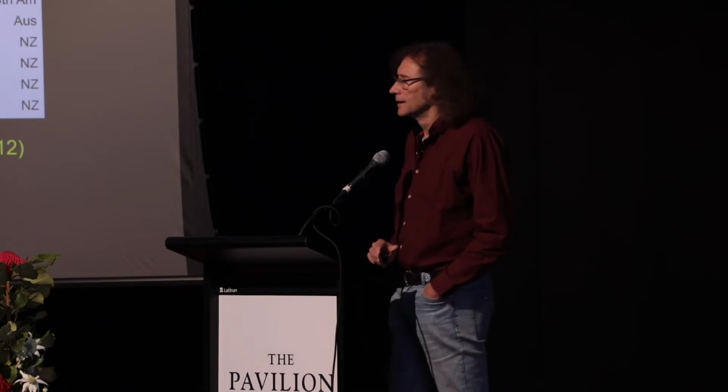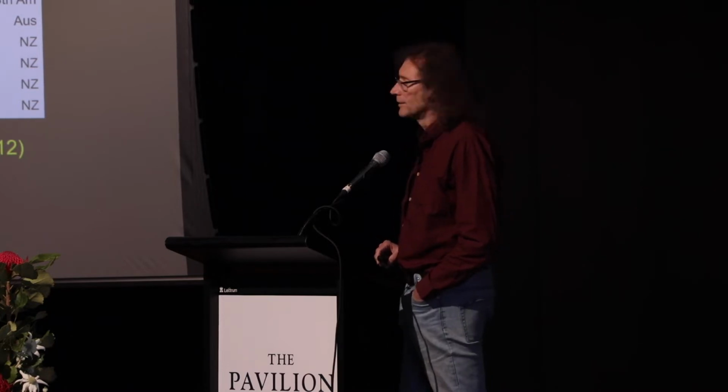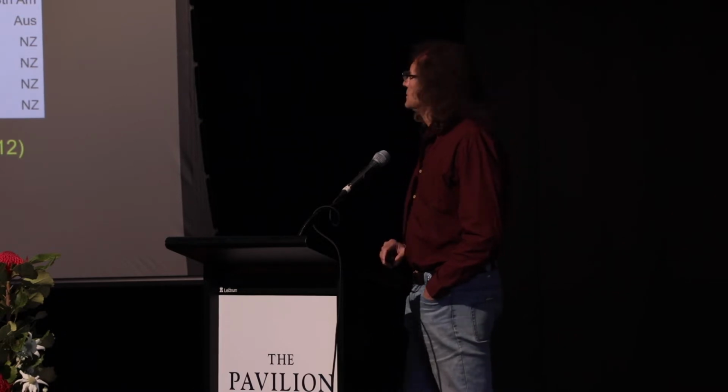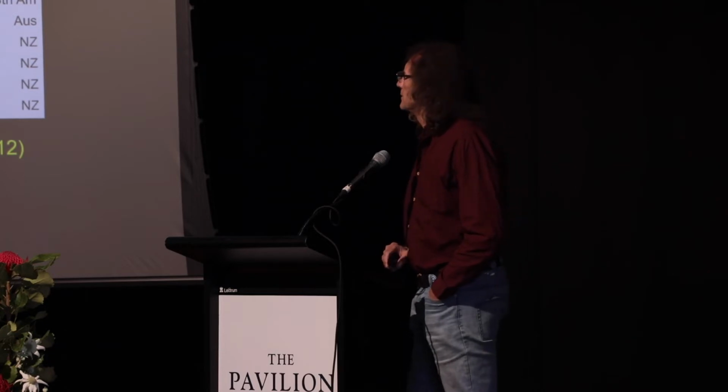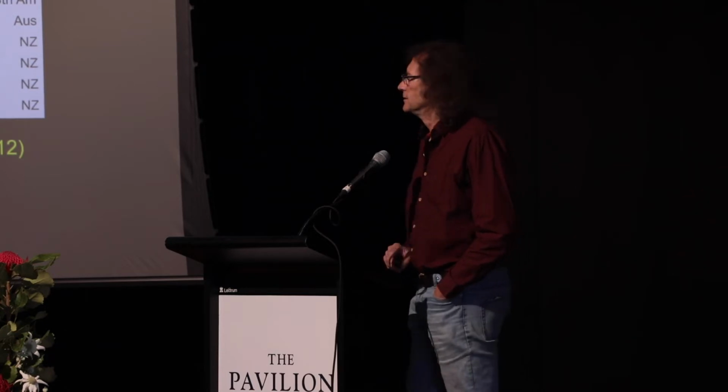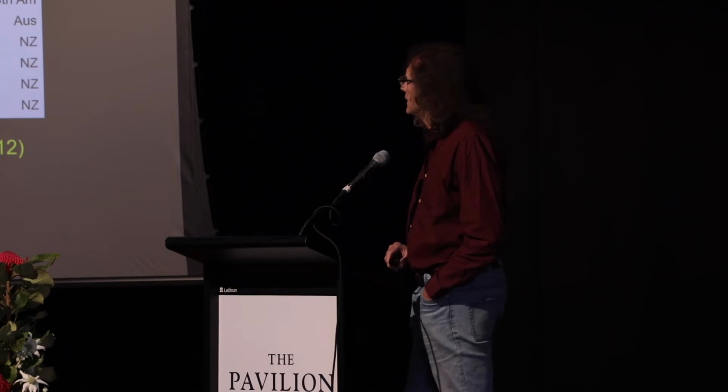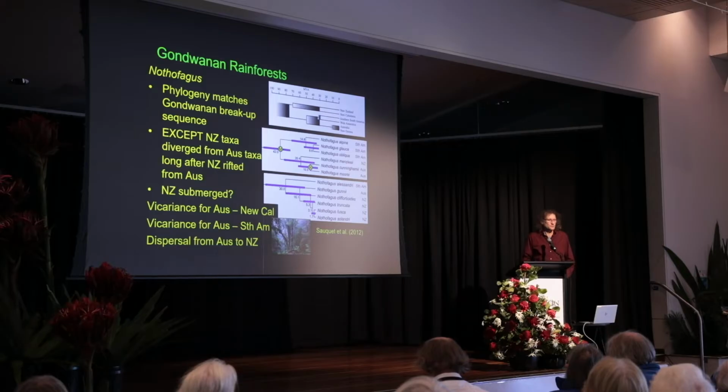And the relatives from South America apparently diverged much earlier, around about 42 million years ago. So the 42 million year figure is reasonably consistent with the breaking up of Australia from South America and the Antarctic. But the New Zealand relationship to those Australian species is actually much younger than we would expect from vicariance alone. So that tells us that in that particular case there's been a dispersal event.